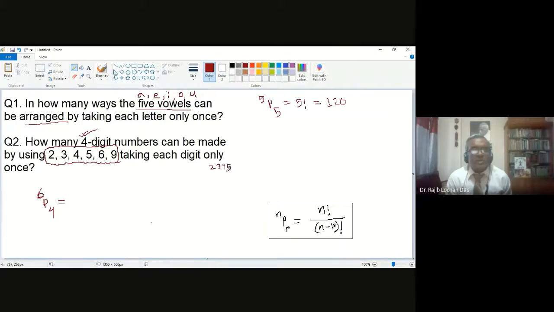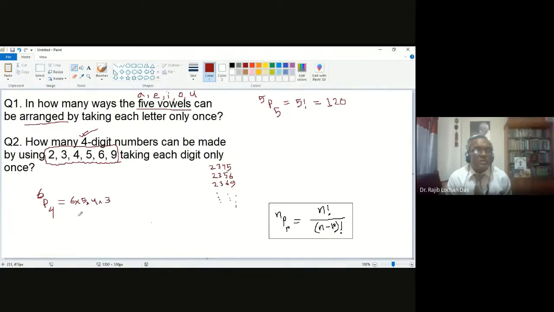So one number can be 2345. Another number may be 2356. Another number may be 2369. So in this way it will go. So how many numbers are possible? 6, then 5, then 4, then 3. That's all.